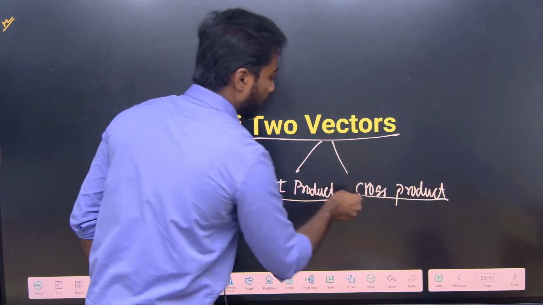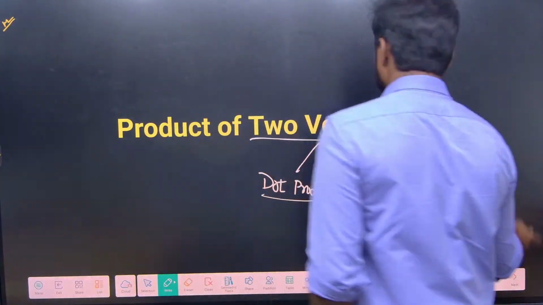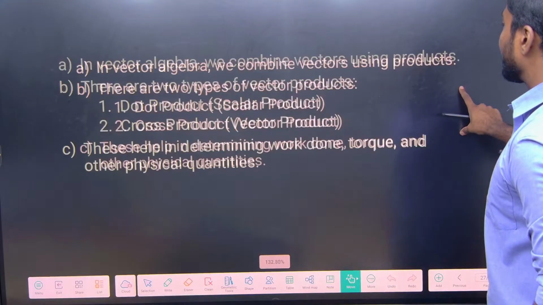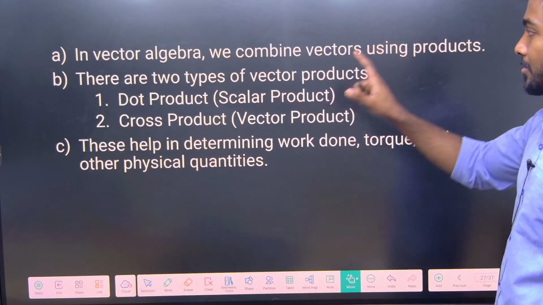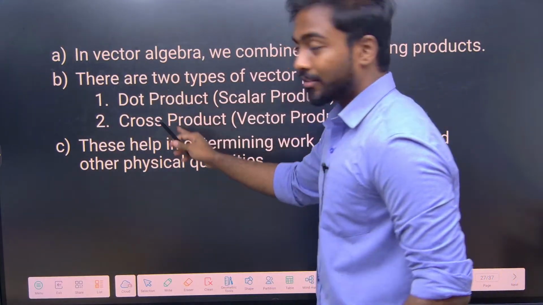These are the two important things we are going to study in this class. In vector algebra, we combine vectors using products. So, there are two types of vector products: one is a dot product and one is a cross product.